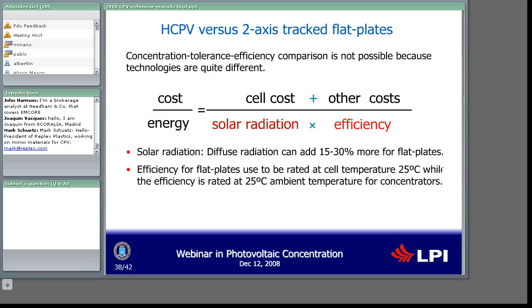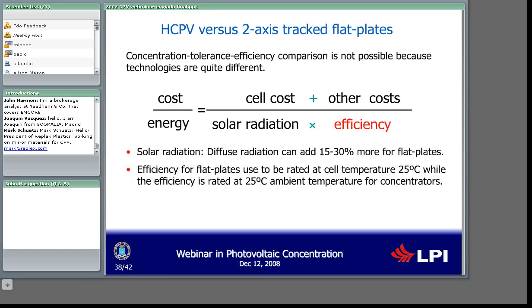Regarding the efficiency of flat plates, it is usually rated differently than in the case of HCPV, and that has to be taken into account when doing comparisons. The standard for rating the nominal power of modules is set at a cell temperature of 25 degrees, while it is rated at 20 degrees ambient temperature for concentrators.